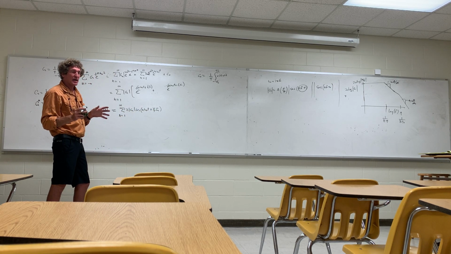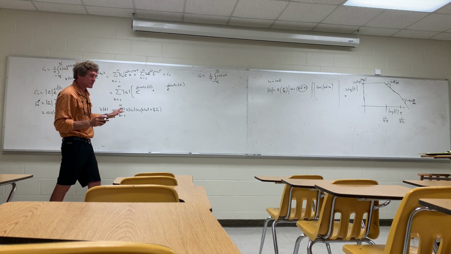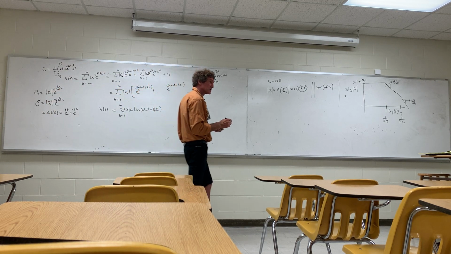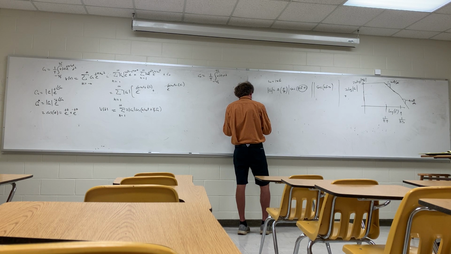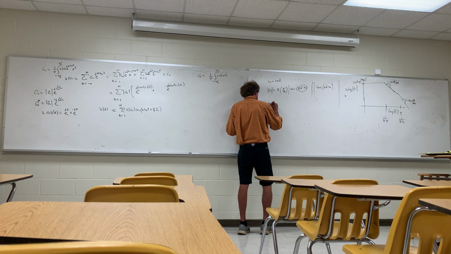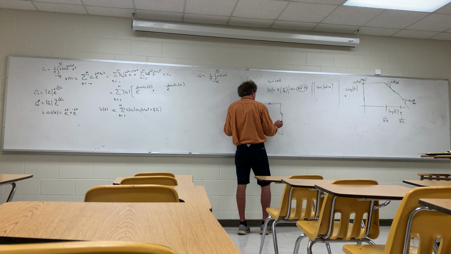Now please realize the fundamental reason we want to get that form is this: when you had circuit theory back in the day, and you had something like 10 times cosine omega t plus 30 degrees, and you had a resistor and an inductor, and you were after the current, i of t.